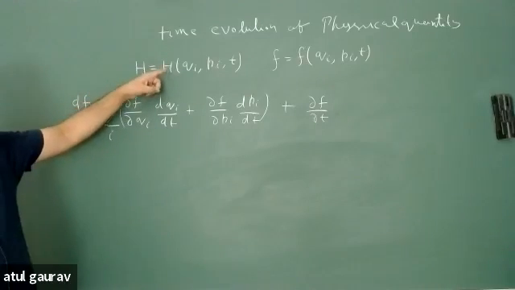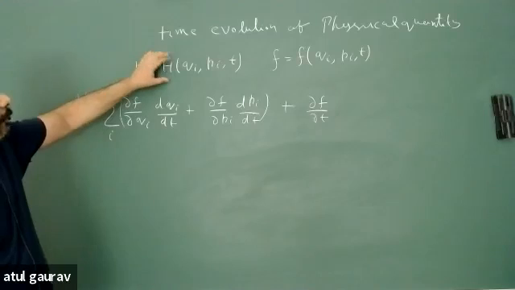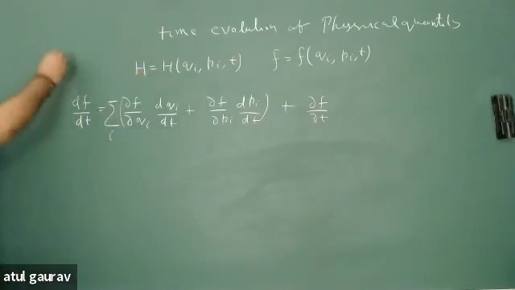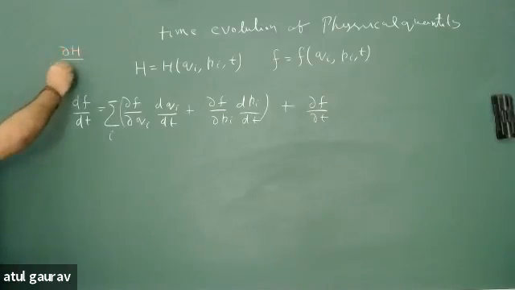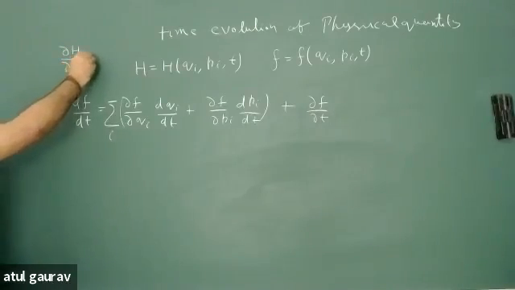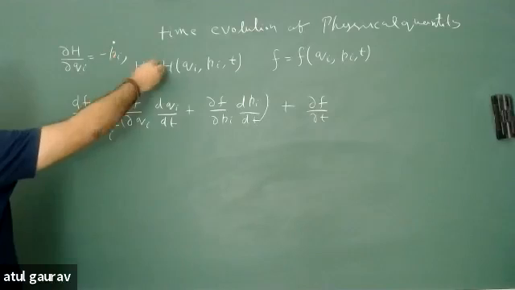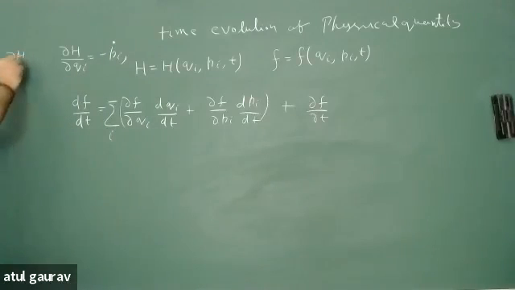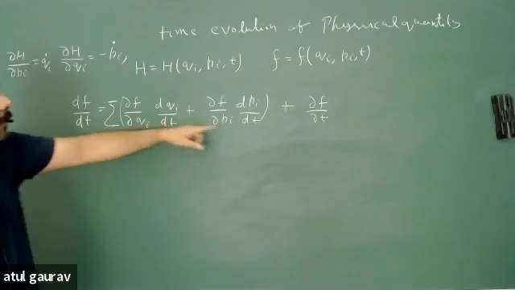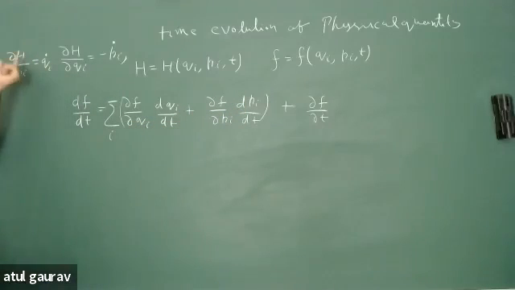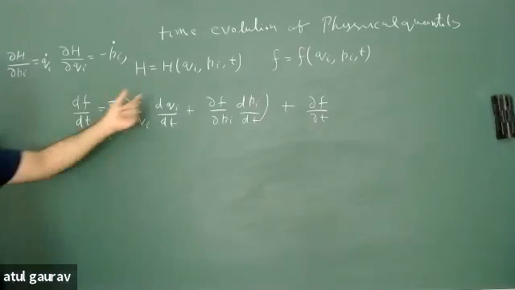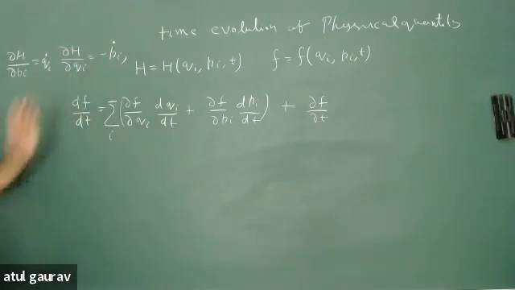And we know the Hamiltonian of the system, which means we know the Hamilton's equations of motion. We have del H upon del qi equal to minus pi dot, and at the same time, del H upon del pi is equal to qi dot. So we can replace qi dot with del H upon del pi, and similarly we can replace pi dot with minus del H upon del qi.